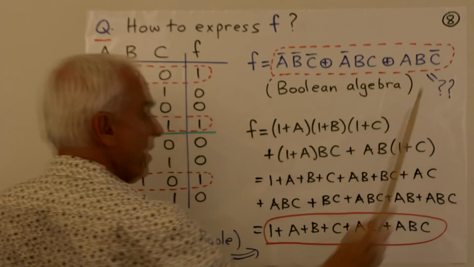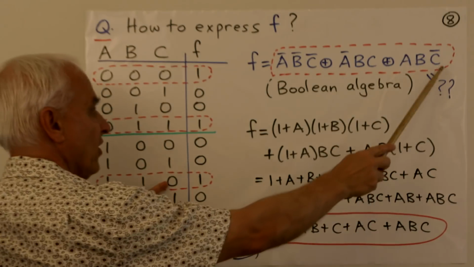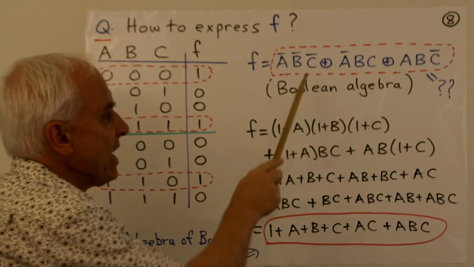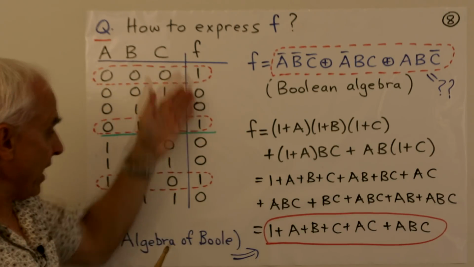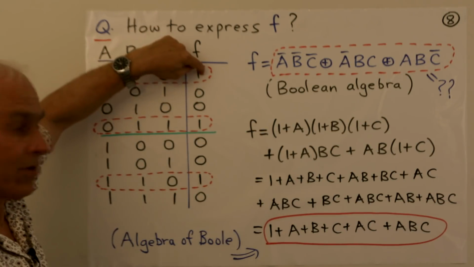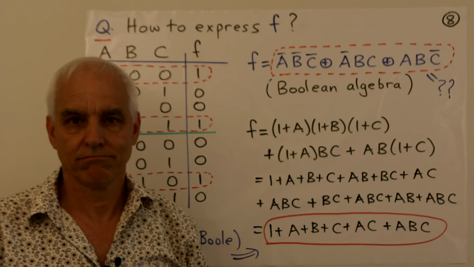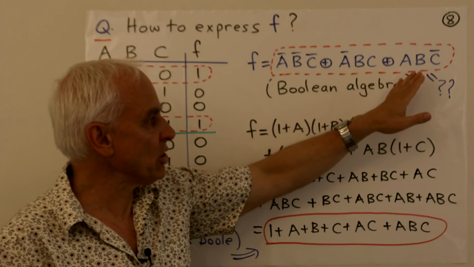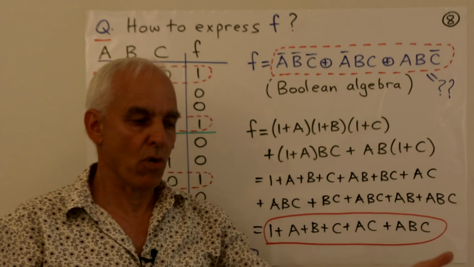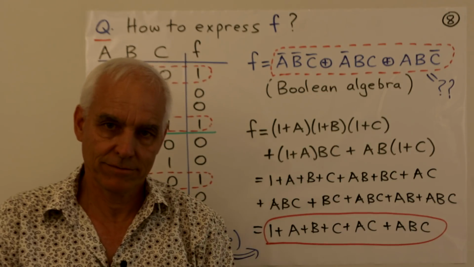This will be 1 precisely when A is 1, B is 1, and C is 0. And we take a circle sum because the way we can get a 1 is either this way, or this way, or this way. So this is a Boolean algebra expression for this Boolean function f.